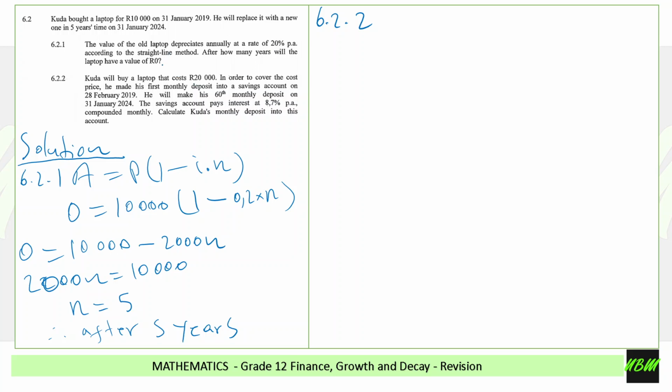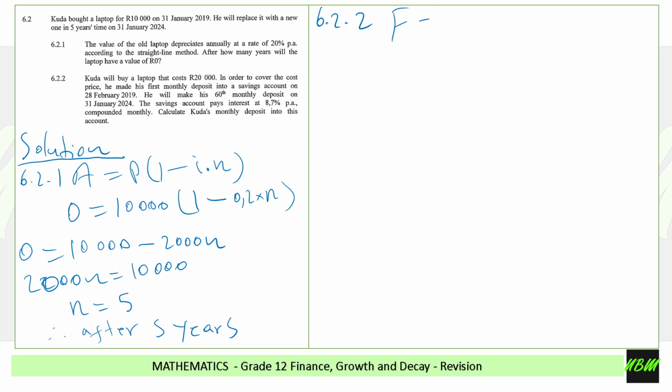Kuda wants to buy a laptop that costs 20,000 rands. In order to cover the cost, he is going to make monthly deposits. So we are dealing with a future value annuity type of question.